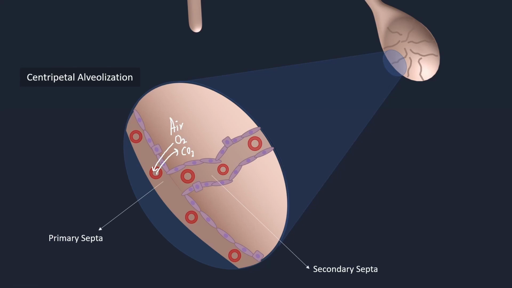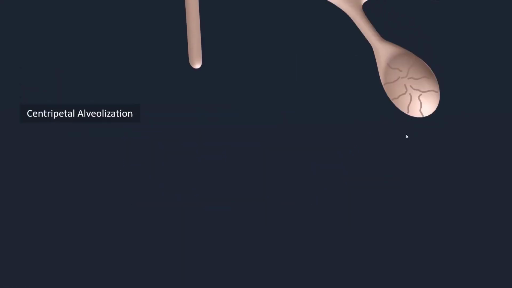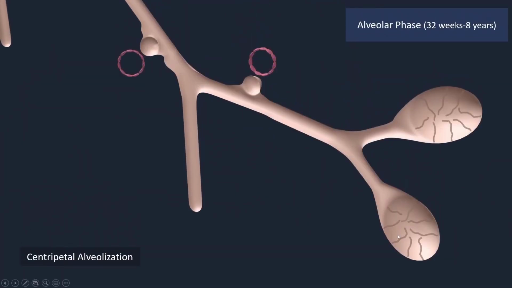One way of formation of alveoli is through this classical pathway, in which these sacs are divided into smaller and smaller alveoli. Then there is another controversial theory of formation of alveoli, especially postnatally after birth, and that is called centripetal alveolization.